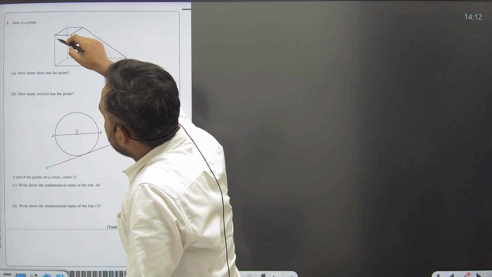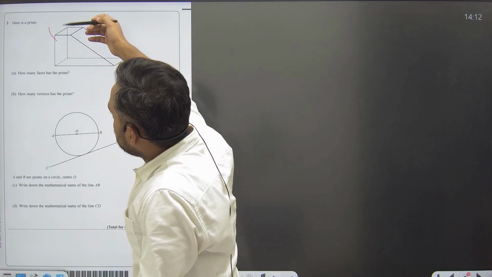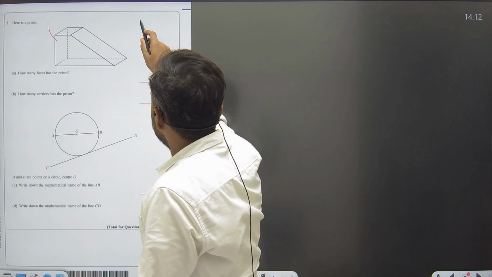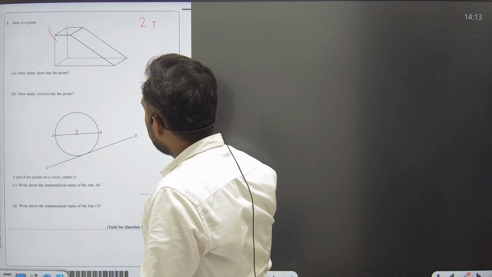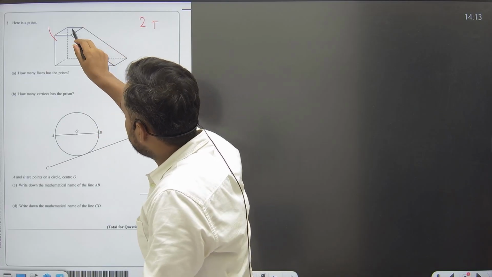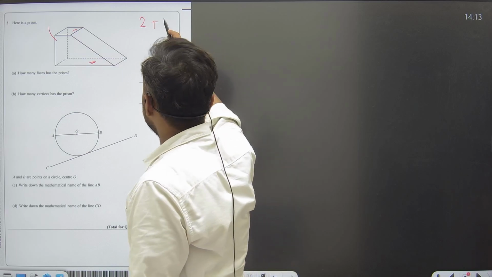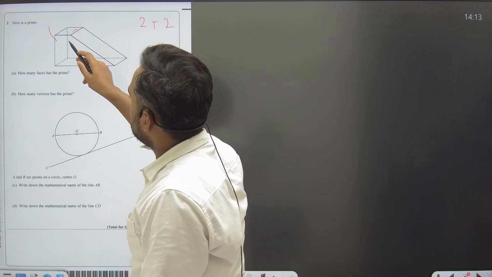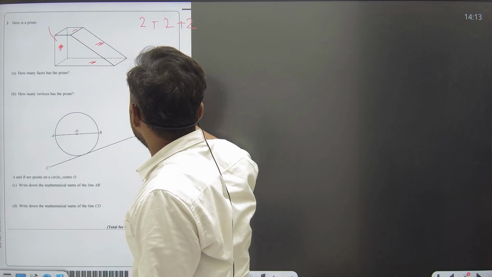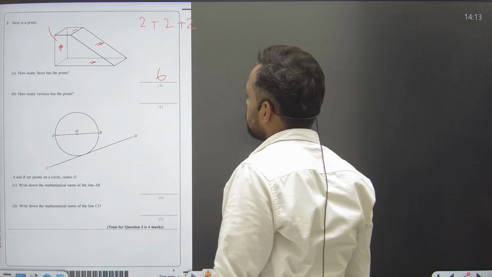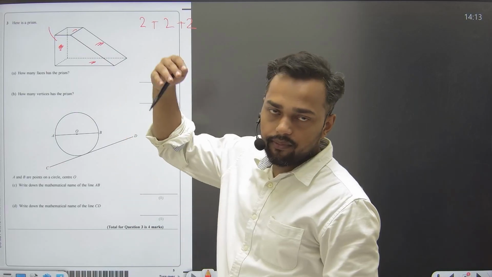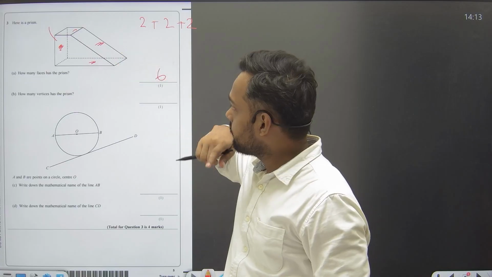One is in the front, one is at the back, so 2 faces, plus, one is at the bottom, second is at the top, so 1 plus 1, that is 2 again. This part and this part are also faces, plus 2. So 6 faces are possible. Don't forget to observe the faces which are lying backwards.